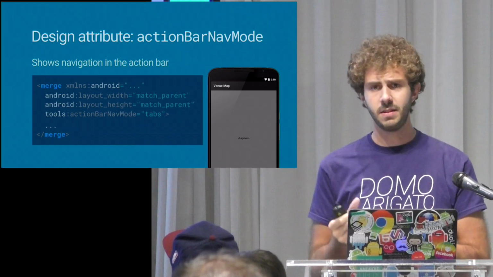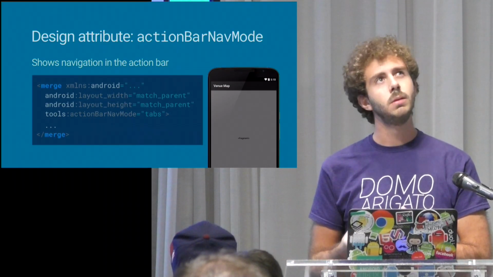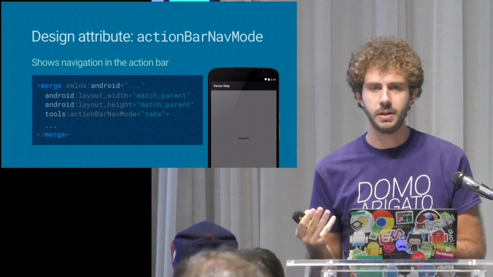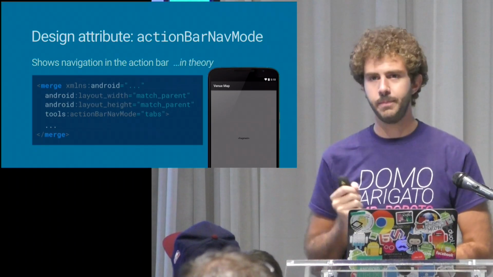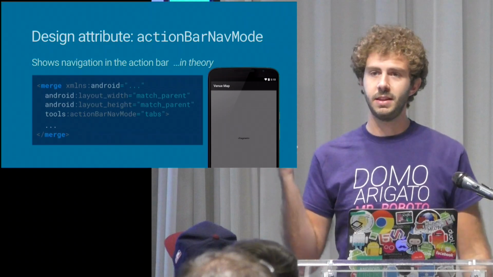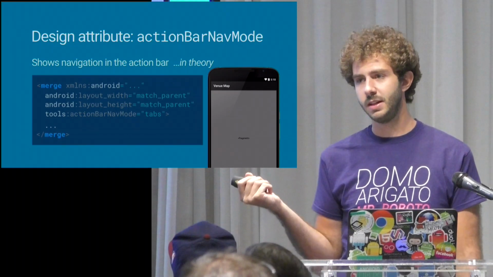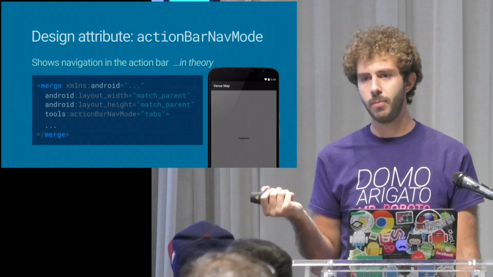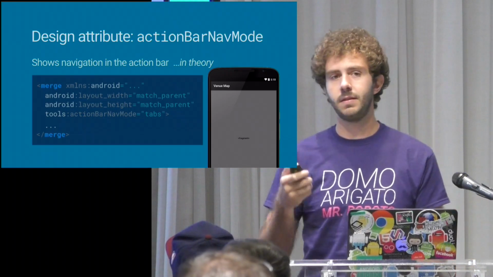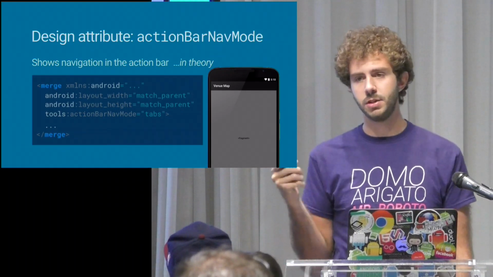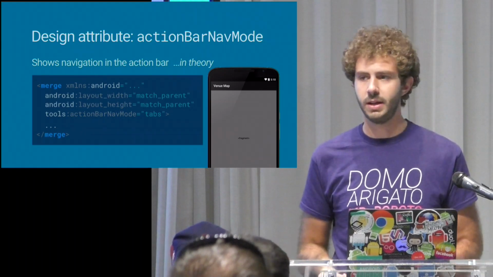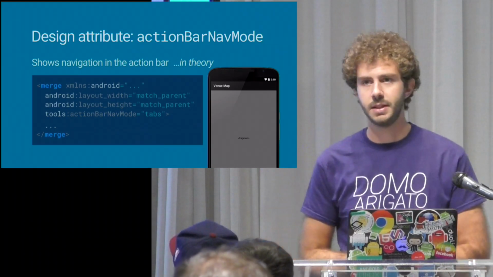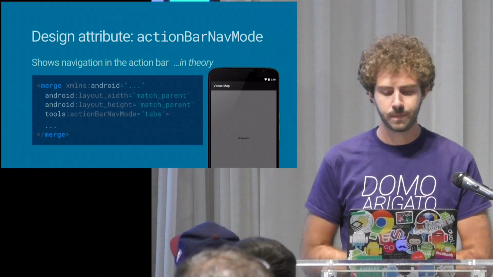You can specify standard, tabs, spinner, and none, I think, which is not really useful. But this is in theory, because in practice, this doesn't work with material design themes and with app-compat. If you look at it, those navigation modes have been deprecated, so you should not be using them with the toolbar anyway, which I guess, again, explains why they don't work.